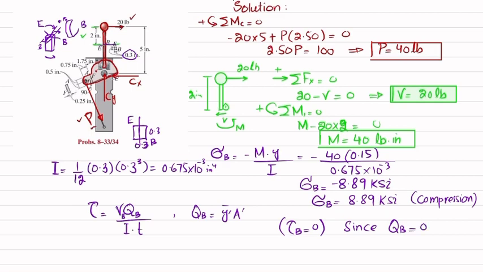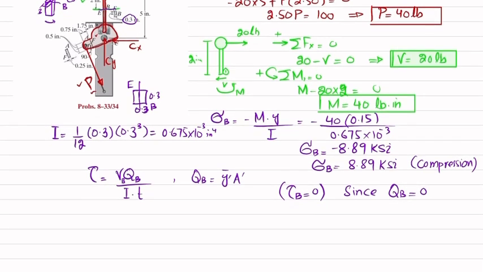Now we'll move towards the second part to find out the shear stress and bending stress at point F. So what we will do is that we will cut it over here, somewhere here, and draw the free body diagram. So let me draw it.